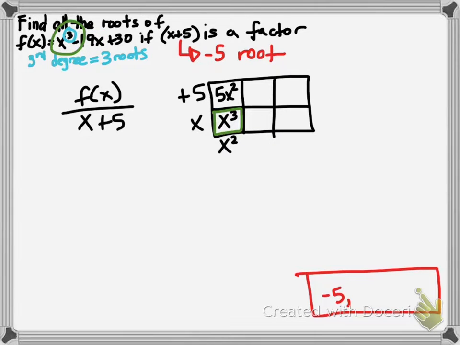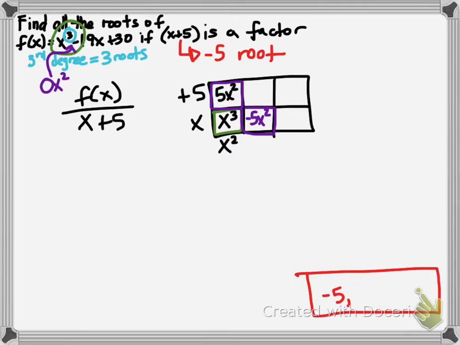I do not have any x squareds. Let's put a 0x squared in there. That was a little tricky one there. I almost missed it. We have 0x squareds, and so that means that if I have 5x squared, I need to have negative 5x squared in order to combine these and make 0x squared.